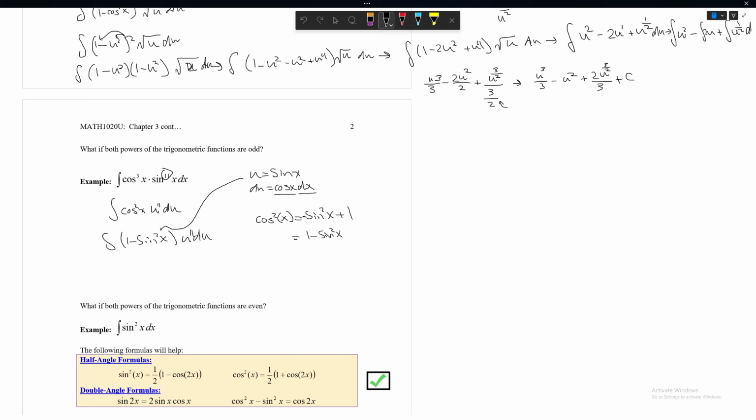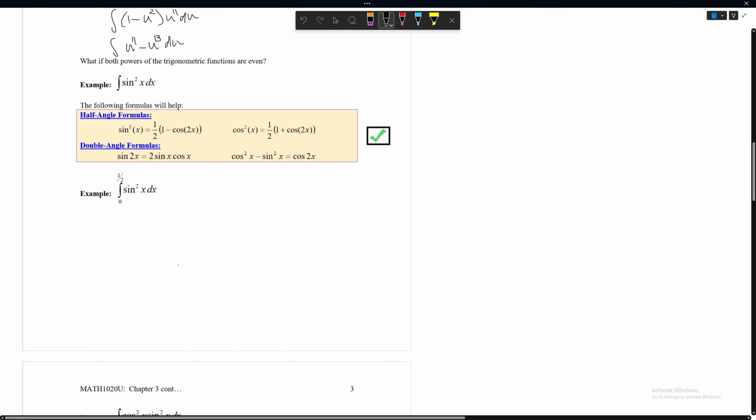And I said my u equals my sine, so 1 minus u squared, because of this squared right here, u to the 11 du, and you can just FOIL. And from here on out, I'm pretty sure you guys can integrate this, so I'm going to leave it.